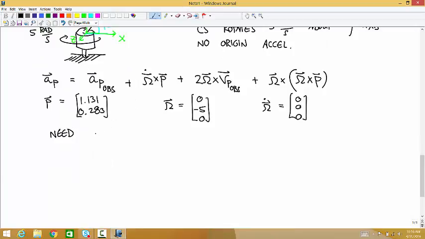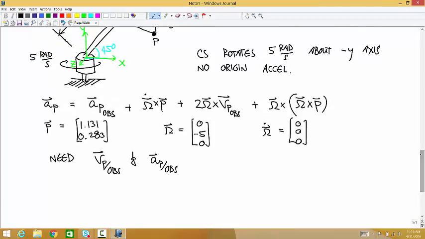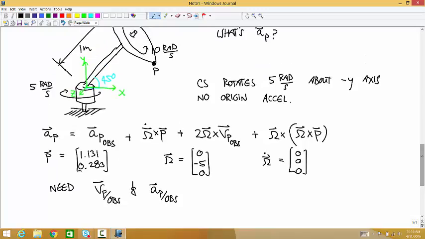Okay, so we need the velocity of p observed and the acceleration of p observed in the coordinate system. Okay, that's a circular motion problem. It has one difference from most of the circular motion problems we deal with. The axis of rotation is at a funny angle.